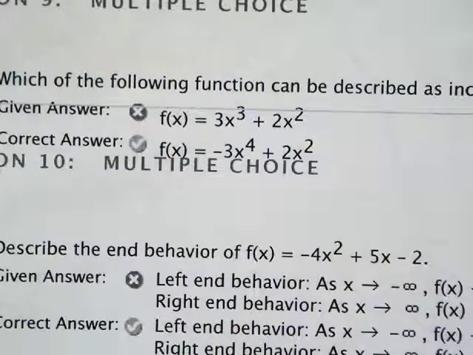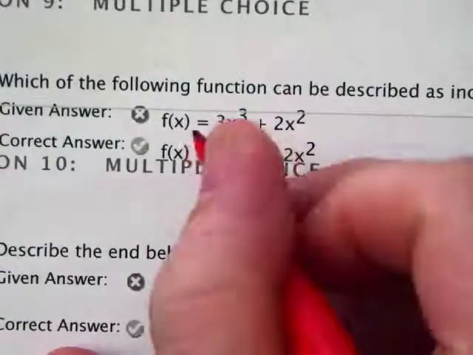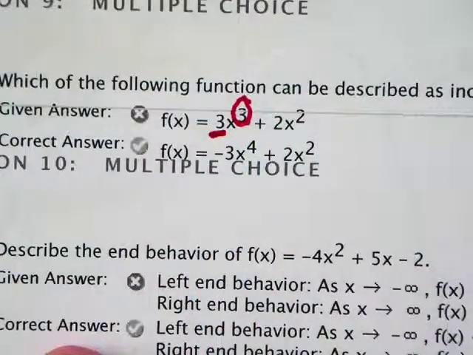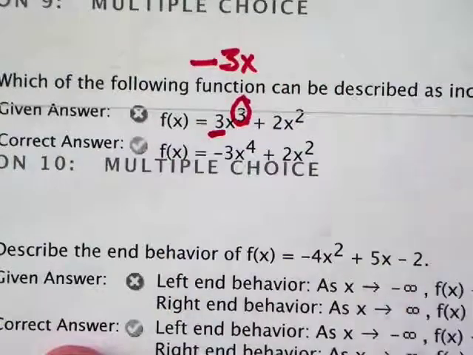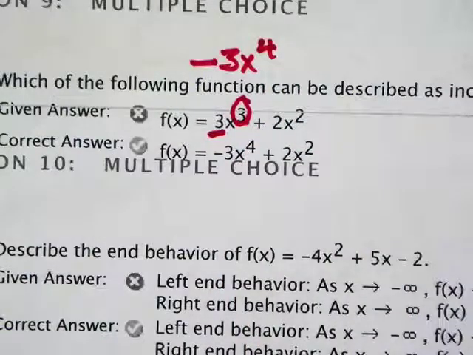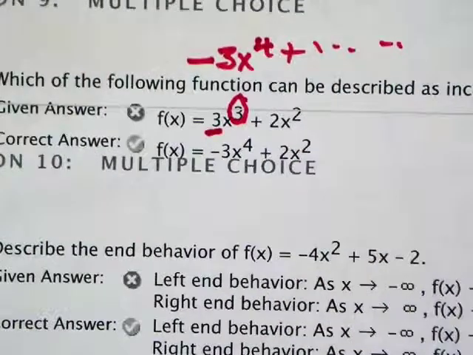Okay, so if we look at your answer, you put a 3, but there's no negative there, and you had a 3 up here, and that's an odd, okay? It would need to have a negative 3x and then some kind of even coefficient like a 4 or a 2 or something like that, and then plus blah, blah, blah, whatever, okay? So it's got to be a negative with an even, okay?